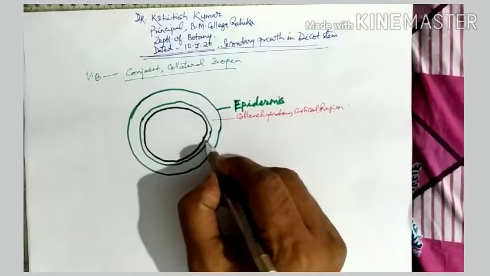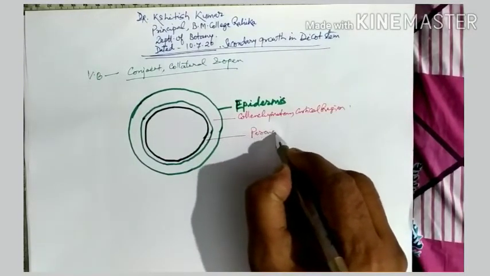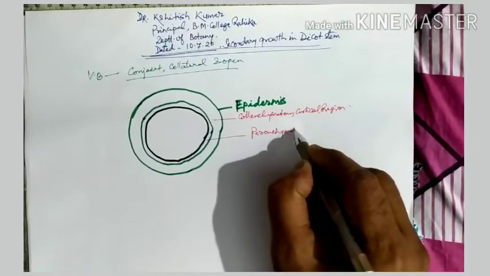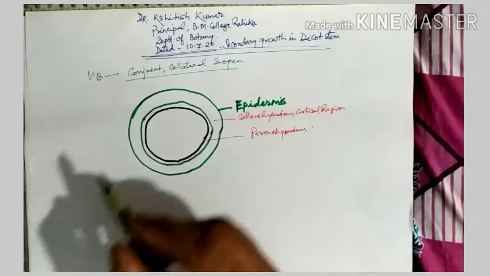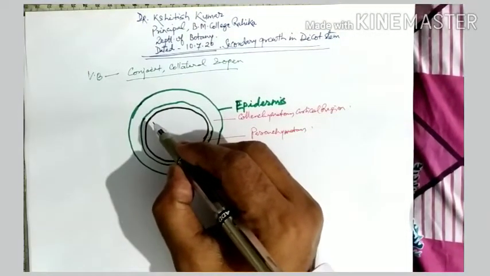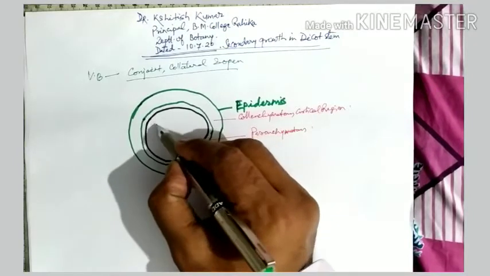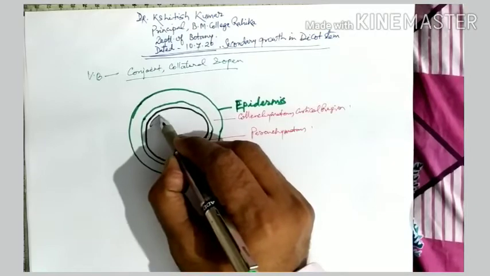It is also in the cortical region. And after this there is the layer of what is called the endodermis. This is the layer of endodermis.